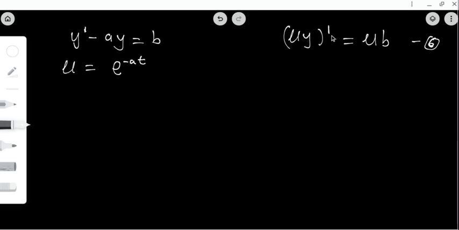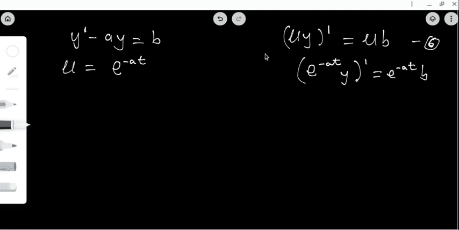When we substitute it here, we are going to get e^(-at) multiplied by y prime should be equal to e^(-at) b. So when you substitute, you will get this.